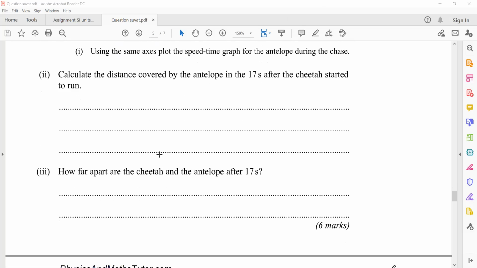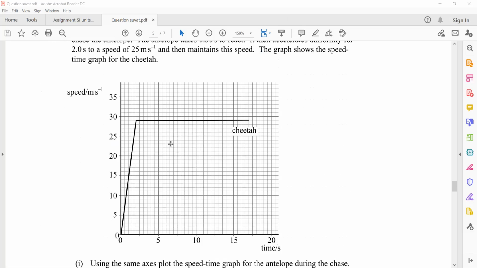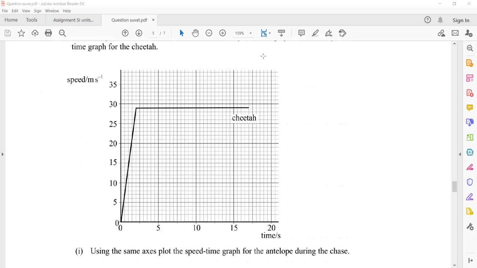How far apart are the cheetah and the antelope? How will you work this out? They already mentioned in the beginning that the cheetah and antelope are 100 meters apart, meaning between them they have 100 meters. So you will find the total distance traveled by the antelope.